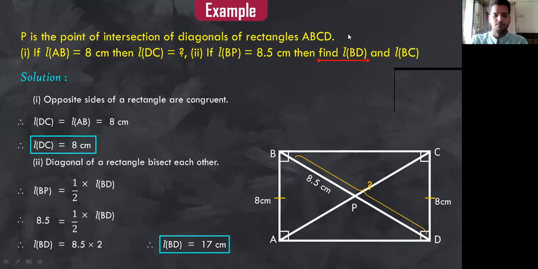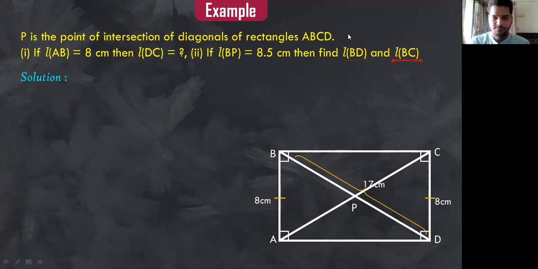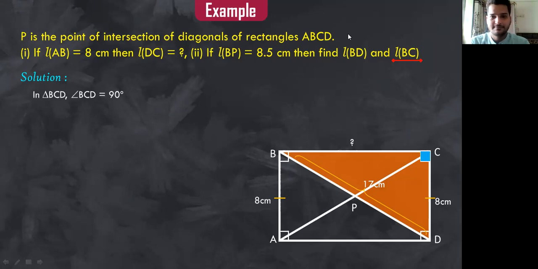All right. Now, we will find out the length of BC also. So the question is not completed yet. Now, the length of BC. Observe the side BC. Ask yourself, is BC a part of a triangle? Yes. Which triangle? BDC or BCD. Yeah, correct. Now in the triangle BCD, angle BCD is 90 degrees.